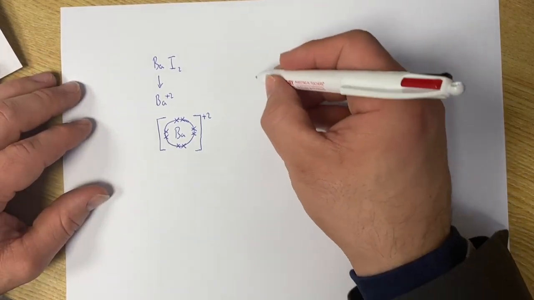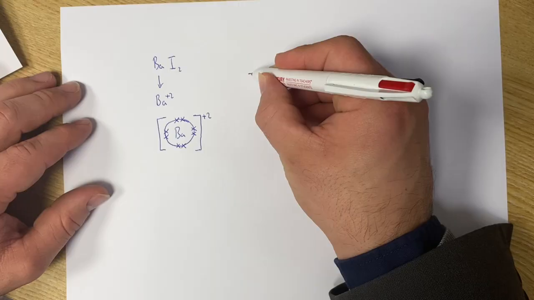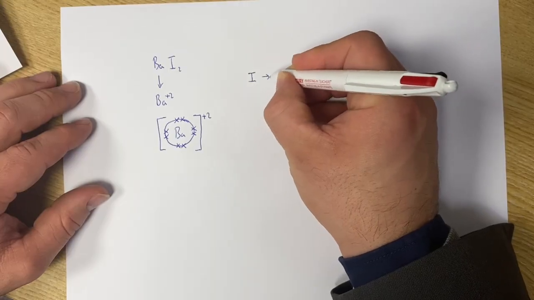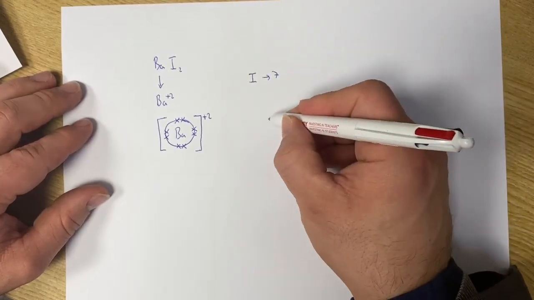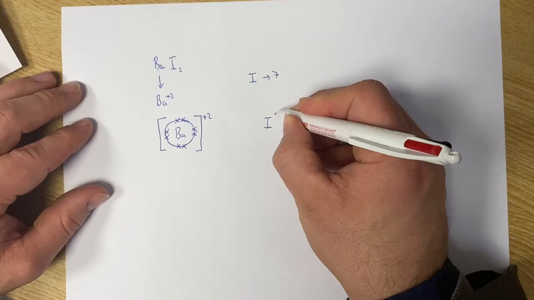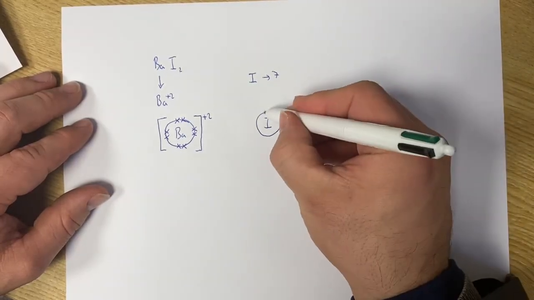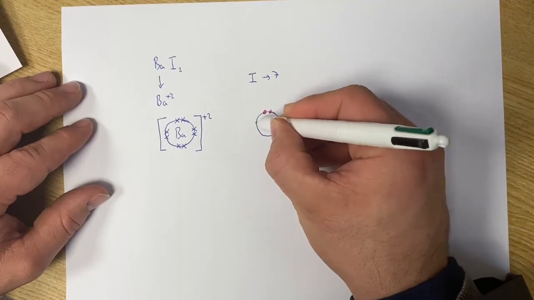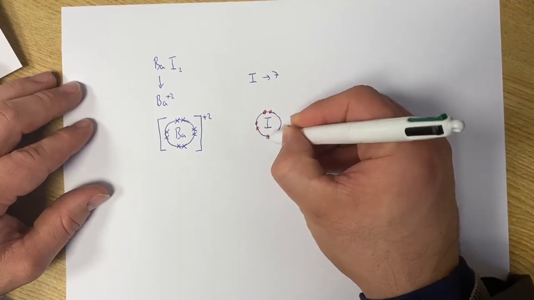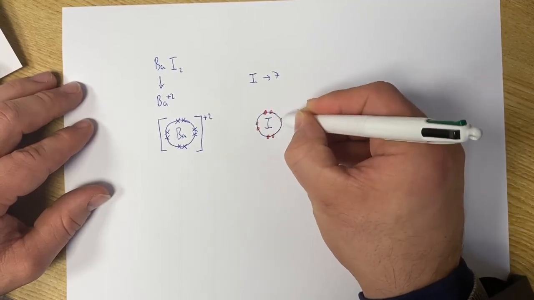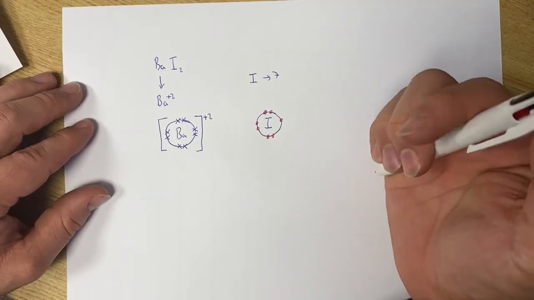For iodine, again, I look at what group it's in. Iodine is in group 7, so the fact that it's in group 7 means I'm going to draw my 7 dots. What do I need to add it up to 8?